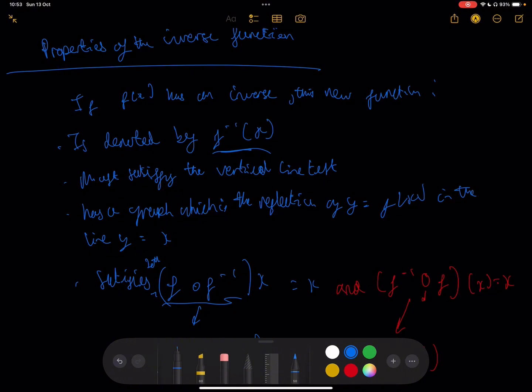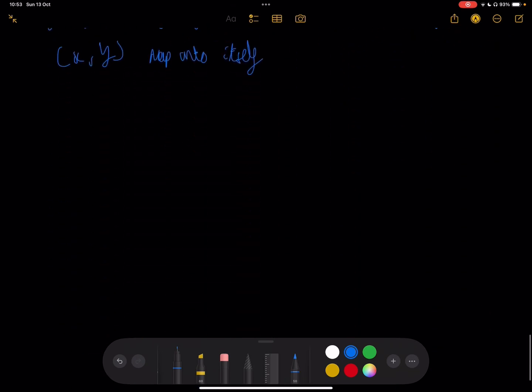So it's a reflection of y equals f of x in the line y is equal to x, which is the identity function. And it must satisfy f following the inverse function of x is equal to x, and the inverse function of f following f of x is equal to x. I think this is much easier to see when we're doing examples. So I'm just going to go through some examples and highlight the terms.